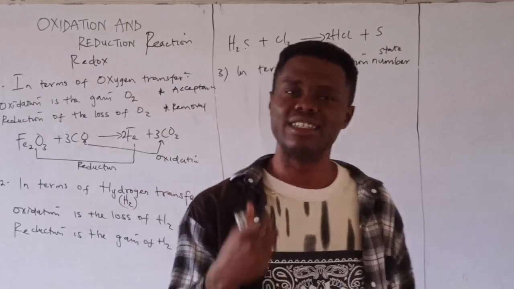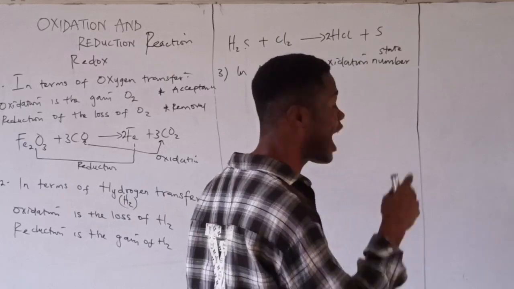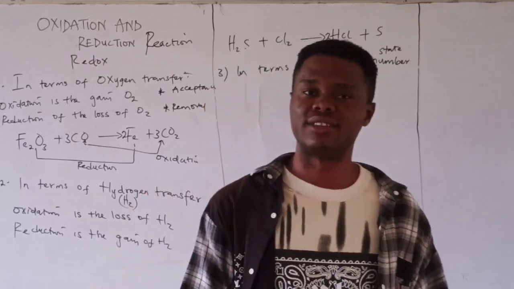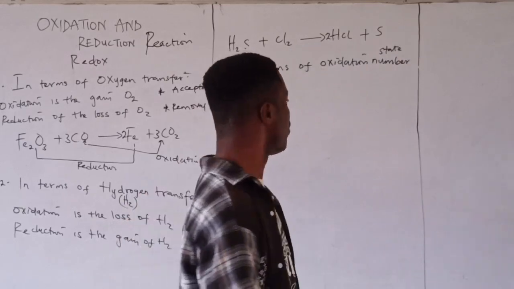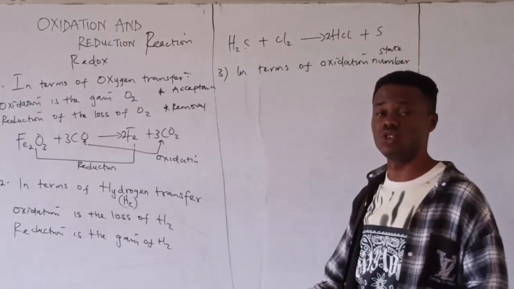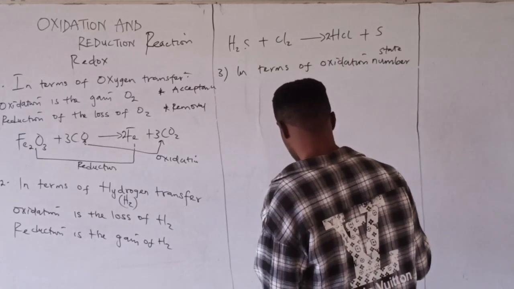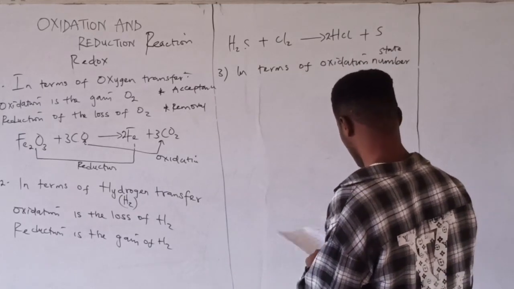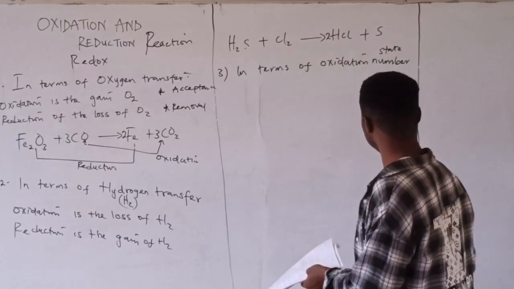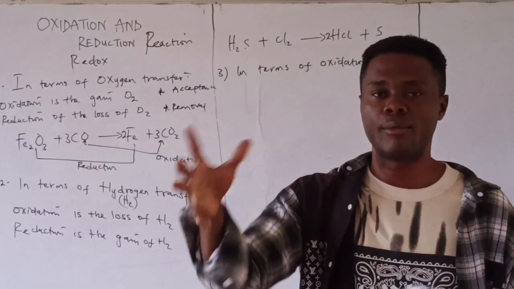An oxidation number is simply that number that is assigned to atoms of an element in a molecule. When you assign numbers to the atoms in a molecule, that number gives the net charge of the entire molecule.